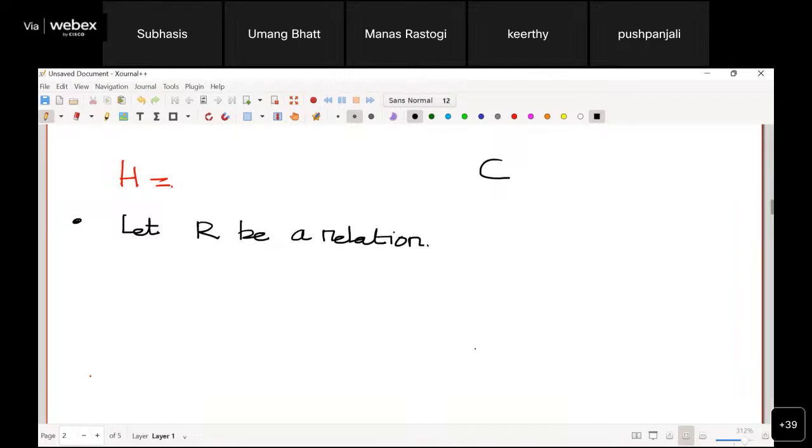No, for proper subset it is the slanted U with a bar with a cross on it, so not actually equal to. So this is also a symbol for subset. Sir told in the video that this is also a symbol for subset, and this is a symbol for proper subset.